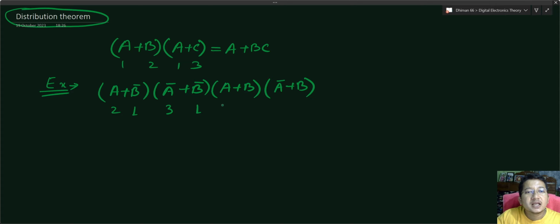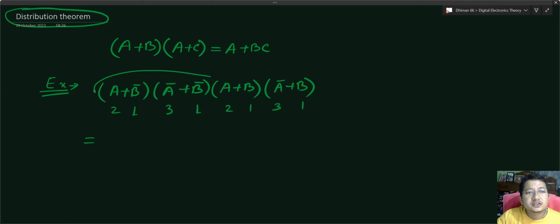Similarly in this expression also we can consider B is common, so 1, 1, 2, 3. Using this theorem, how can we minimize it now? You need not write this 1, 2, 3 while solving the Boolean expression. For understanding purpose, I am numbering here with 1, 2 and 3.